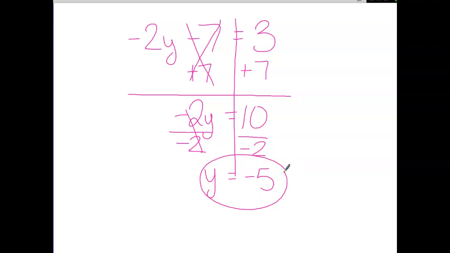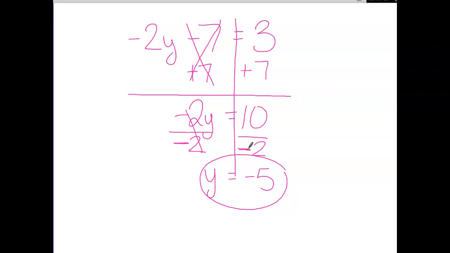So y equals a negative 5. I remember when I was checking your one-step equations, some of us forgot this negative when we were dividing by that. Don't forget that because having $5 is different than owing someone $5. So make sure you always pay attention to those details.